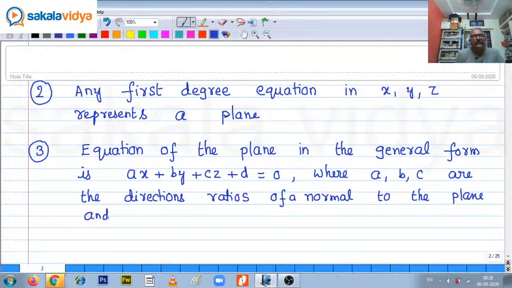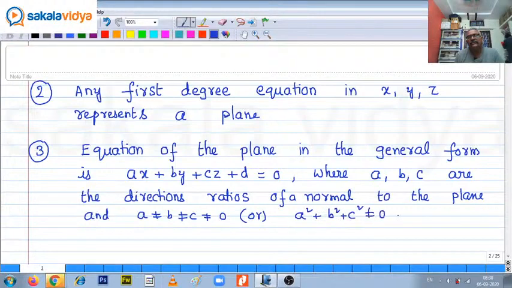And a, b, c are not all equal to 0, or we can write it like this also: a square plus b square plus c square does not equal 0. That means at least one of a, b, c should not be equal to 0. Then ax plus by plus cz plus d equal to 0 represents the equation of the plane. This is called the general form of the equation of the plane.